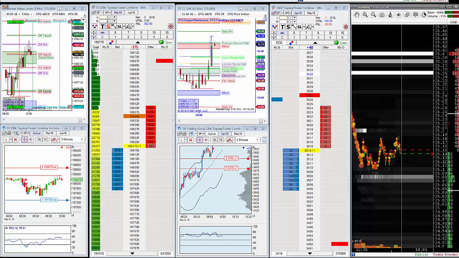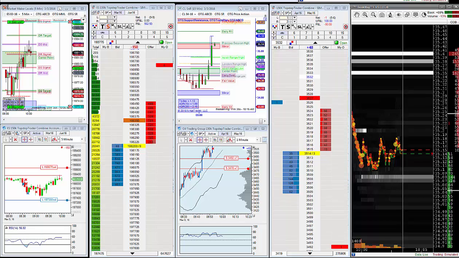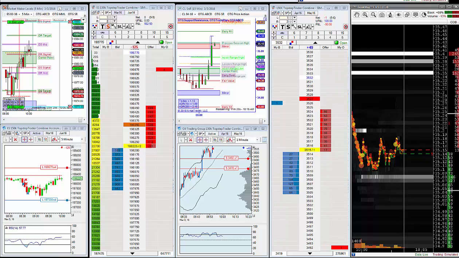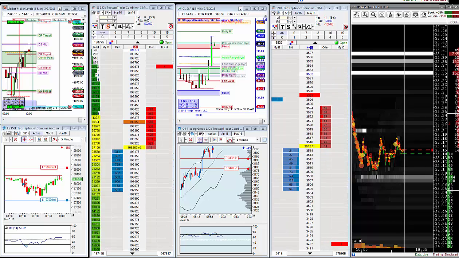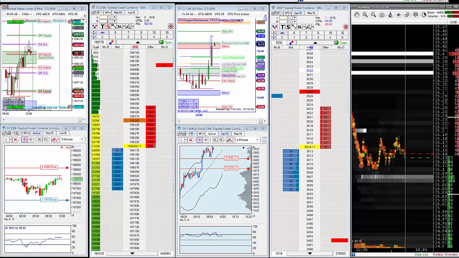All right. We got to get underneath 10. Got to get underneath the 10. Came into settlement on the ES. Get underneath 10.